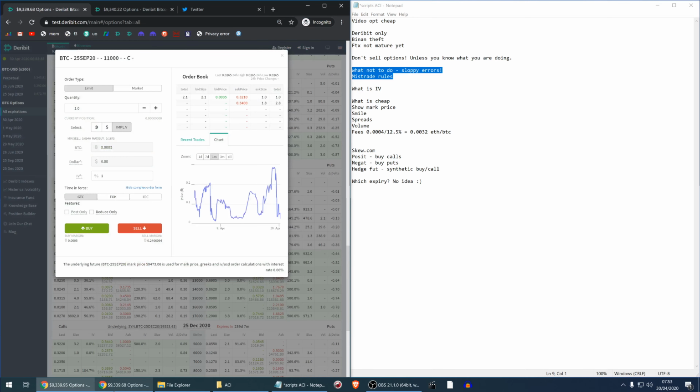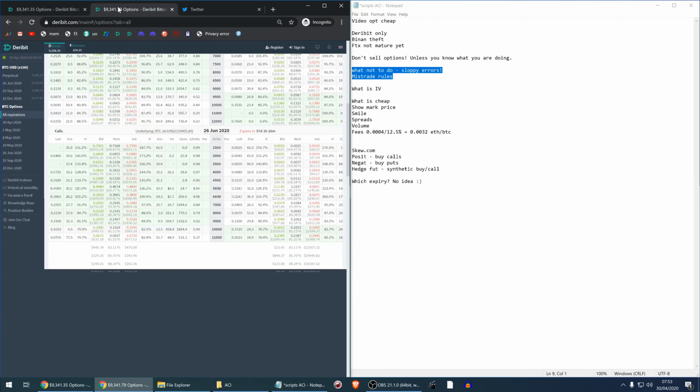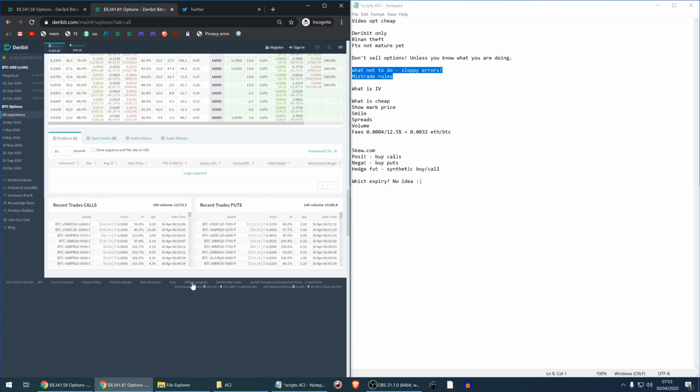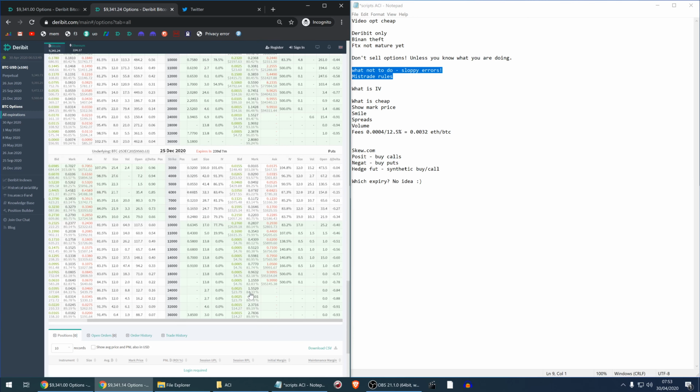The spreads on Bitcoin options are really wide, especially on some exotic expirations. For example, let's look at the puts for December. Like here, the buy is at $4 and the sell is at $100,000.